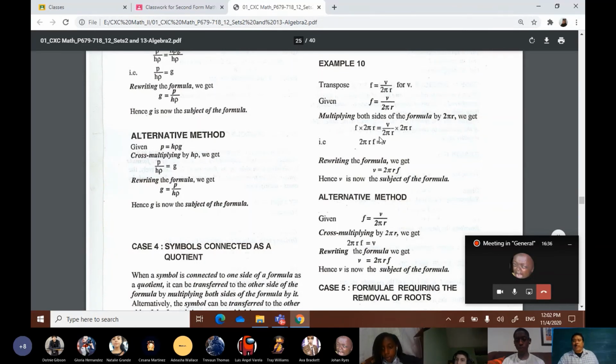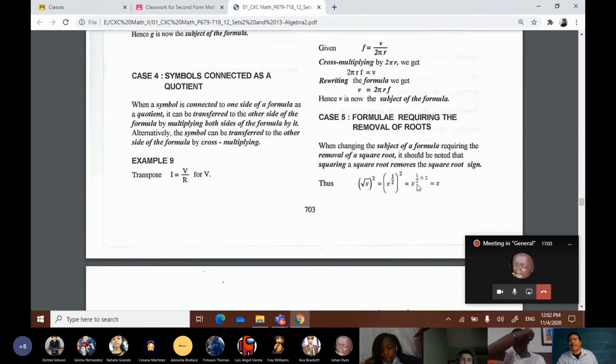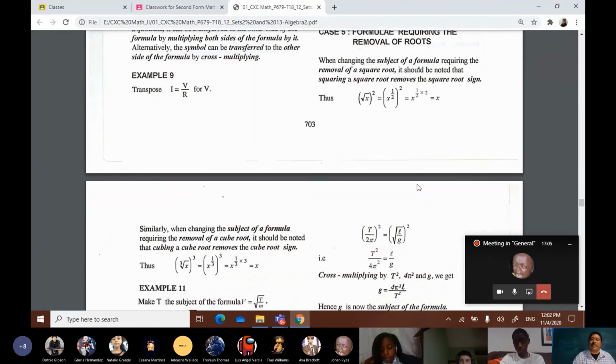So we get f times 2 pi r equals v over 2 pi r times 2 pi r. The 2 pi r's will cancel, giving me 2 pi r f is equal to v. Rewriting the formula, we get v equals 2 pi r f, hence v is now the subject of the formula, which means that it does not necessarily have to be a single digit.